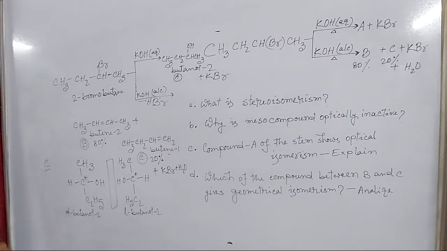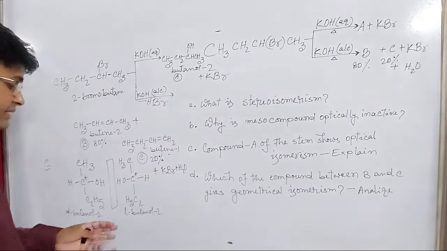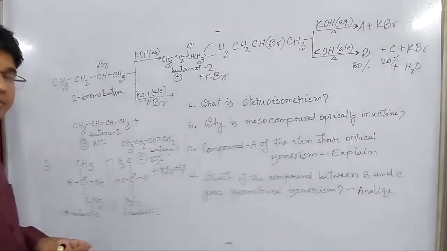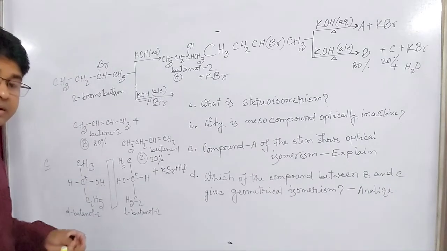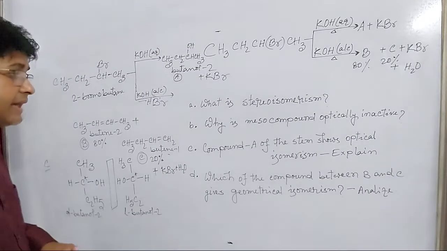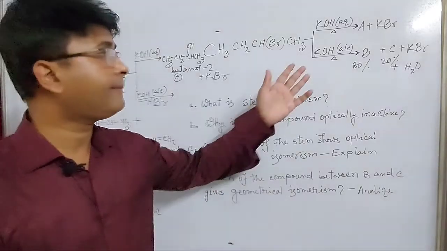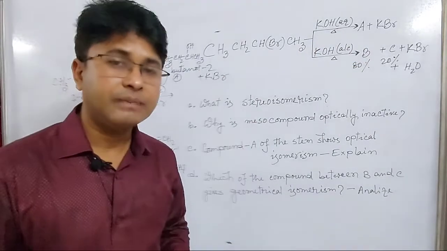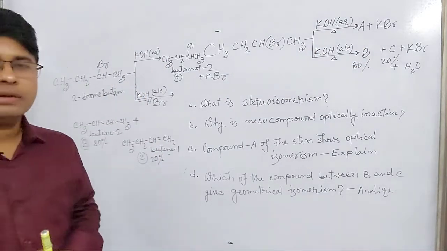D means dextrorotatory, I mean right rotatory, and L means left rotatory. So dear students, it is proved that compound A shows optical isomerism.